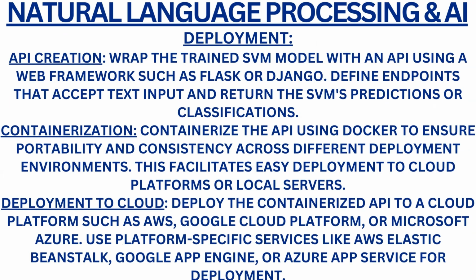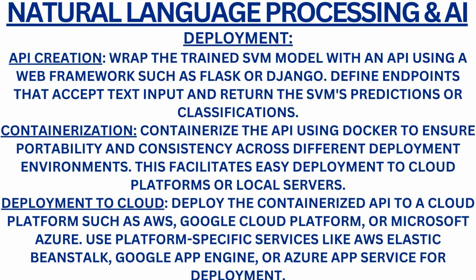Deployment. API creation. Wrap the trained SVM model with an API using a web framework such as Flask or Django. Define endpoints that accept text input and return the SVM's predictions or classifications. Containerization. Containerize the API using Docker to ensure portability and consistency across different deployment environments.